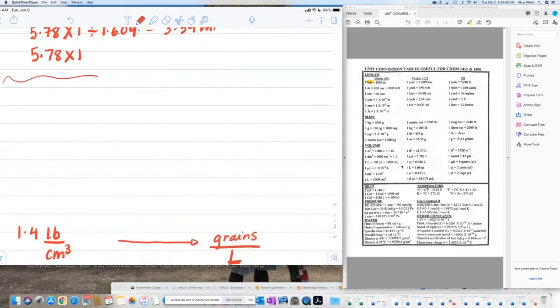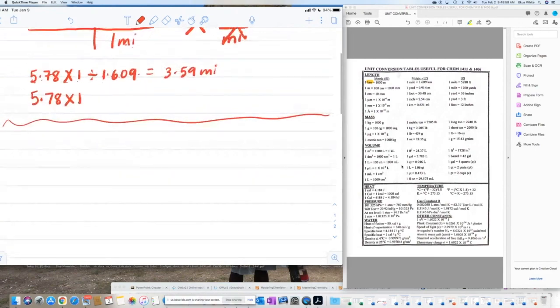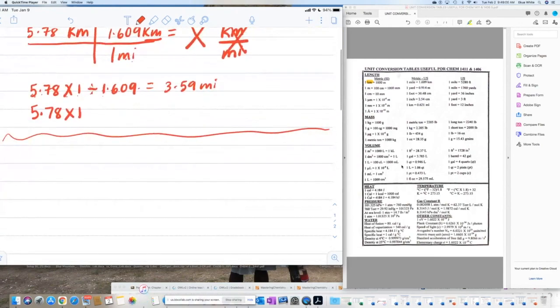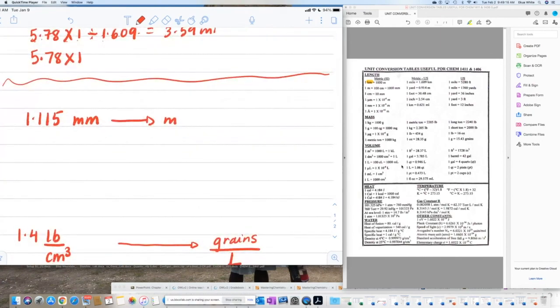So right now, let me do another one here. This one will be 1.115. And let's say this is millimeters. And this time we're going to meters.